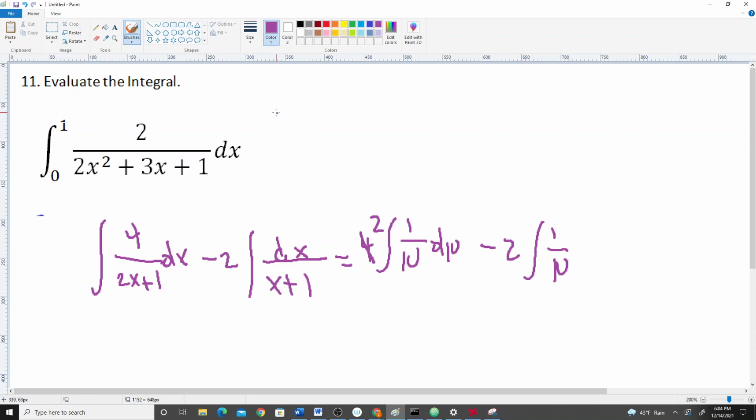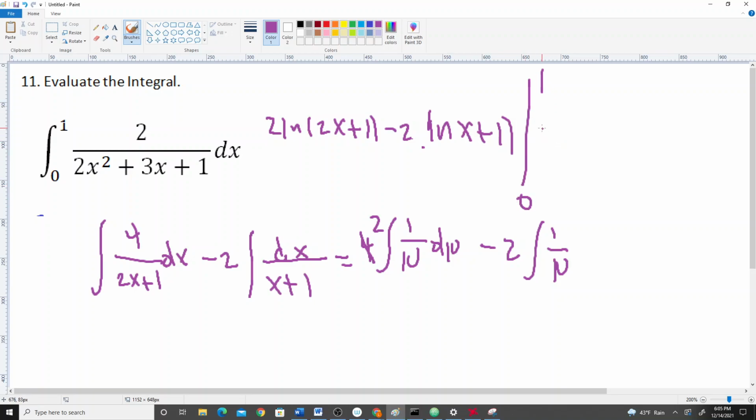Alright, here's the answer to the problem. It's 2 ln of 2x plus 1 minus 2 ln of x plus 1, evaluated from 0 to 1.